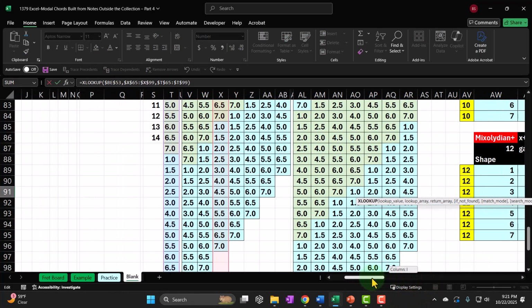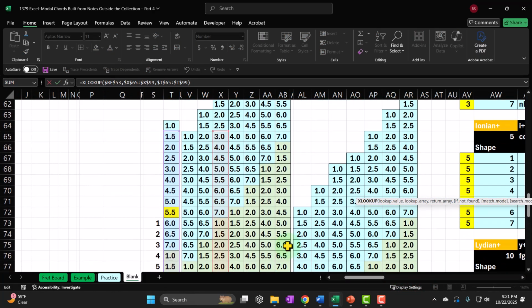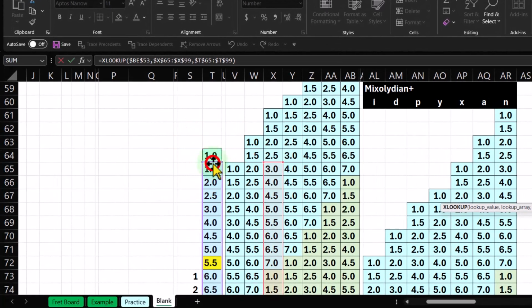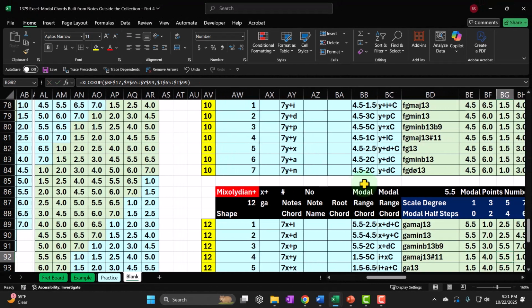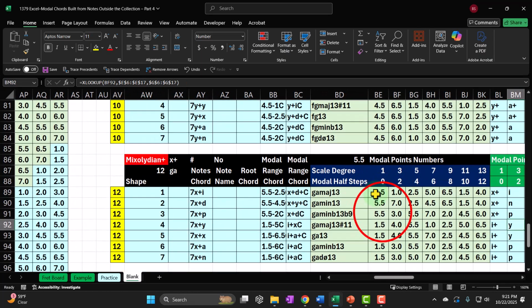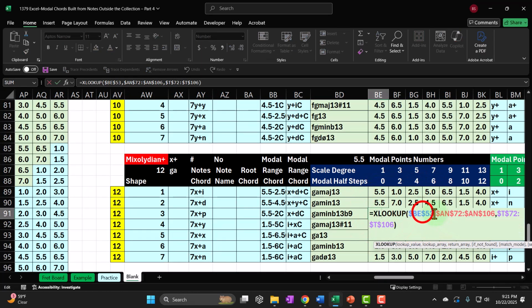I'm going to scroll over and say this needs to be brought down to here. Doom. And then this needs to be to the Phrygian on this side. Phrygian. It's not Phrygian. It's Phrygian. Okay, F4 this.